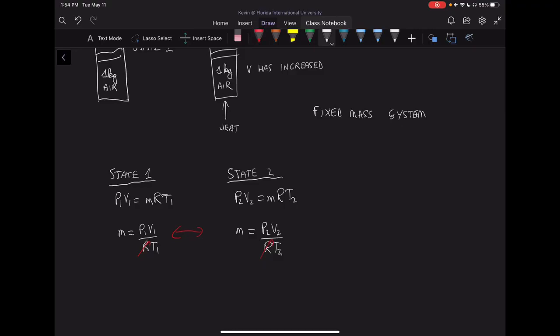They're both defining the mass. So we can say in a fixed mass system that P1 V1 over T1 is equal to P2 V2 over T2. So if we know the first state and we know some values for the second state, we can find our temperature or our other values that we're looking for, either pressure, volume, or temperature. And we're going to be doing an example so that it is clear to you.